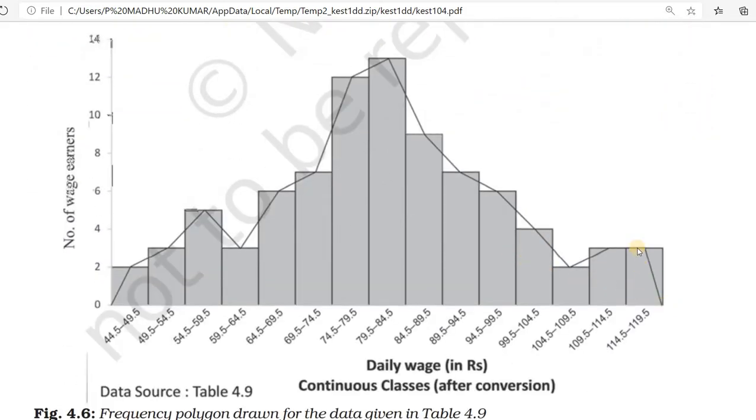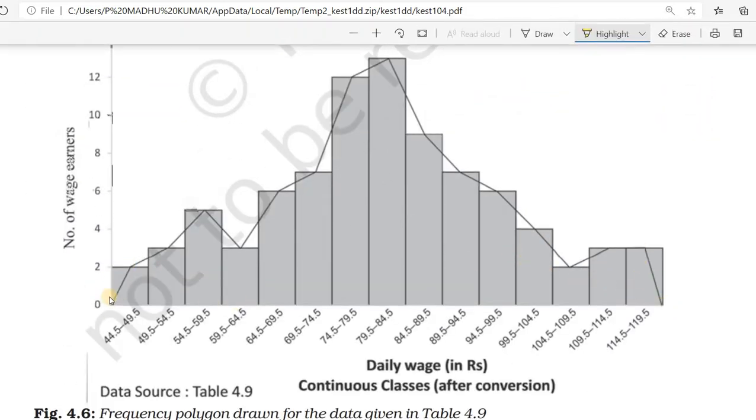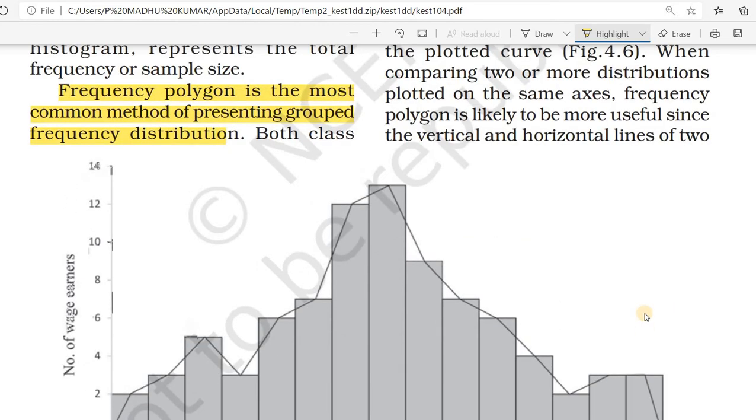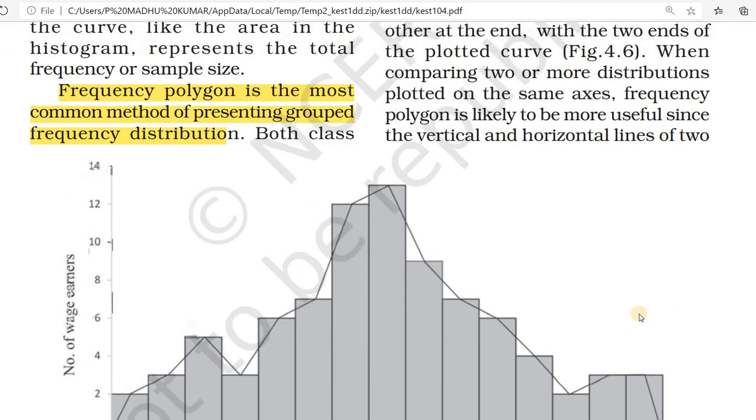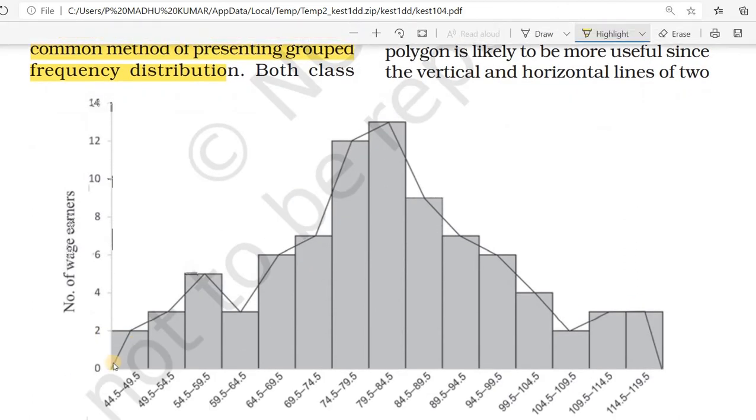Okay, then in the beginning it starts from here, not from this point. At the beginning it will start from here, and at the end it will join the x-axis. That is the specialty of the frequency polygon. Then we need to start from 0, mark the midpoints, and join these midpoints very carefully.